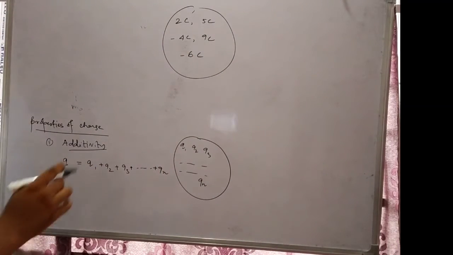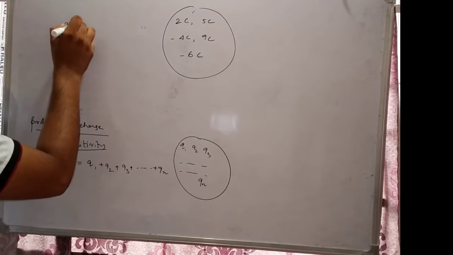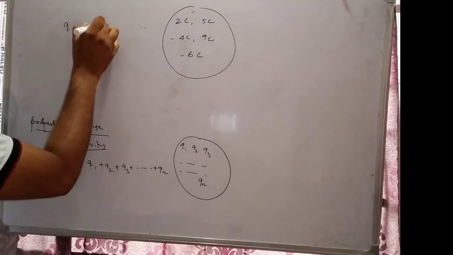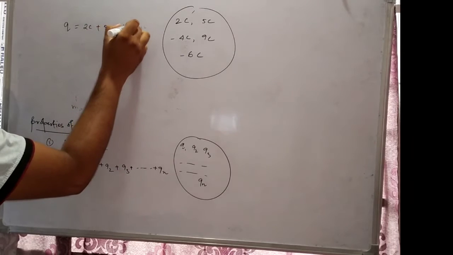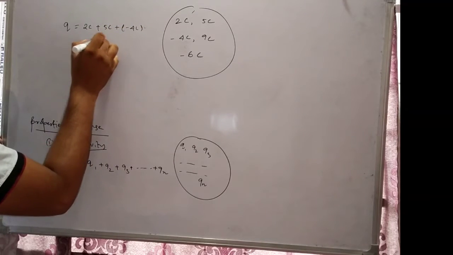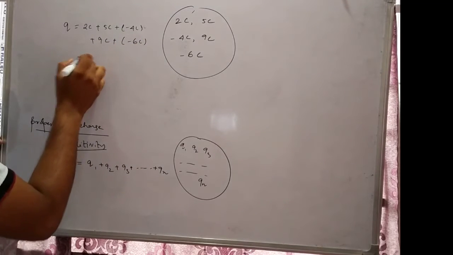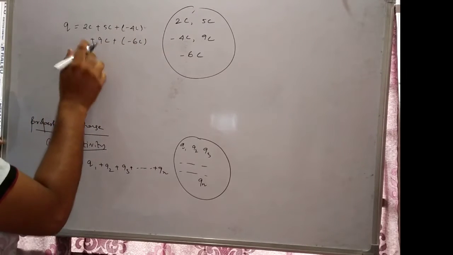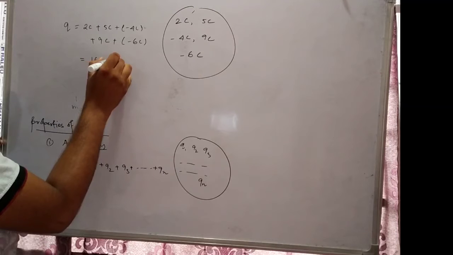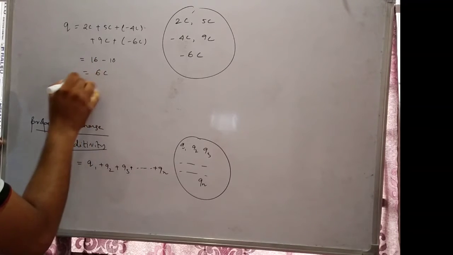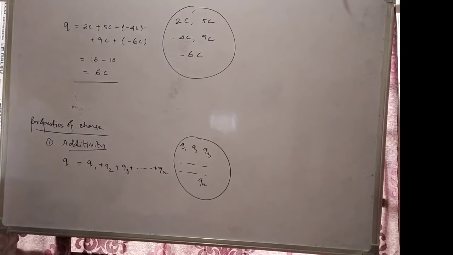Now if we need to calculate the total charge of the system, it will be 2 coulomb plus 5 coulomb plus minus 4 coulomb plus 9 coulomb plus minus 6 coulomb. So it will be how much? 11, 16, minus 10, that is 6 coulomb. So this property of charge is called additivity.